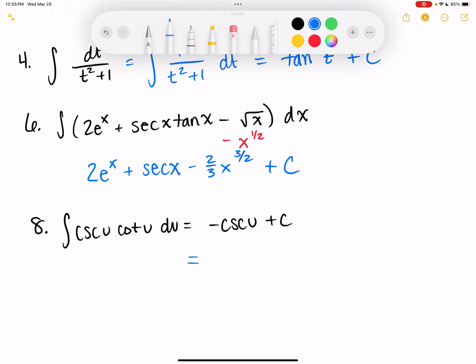So what is the derivative of negative cosecant of u? Cosecant u cotangent u. What's the derivative of C? C is a constant. So it's 0. So I'm done.